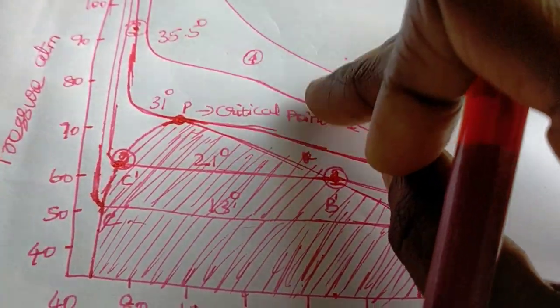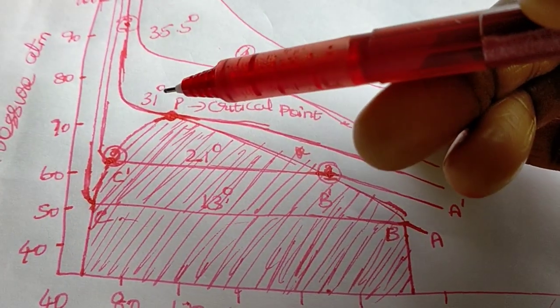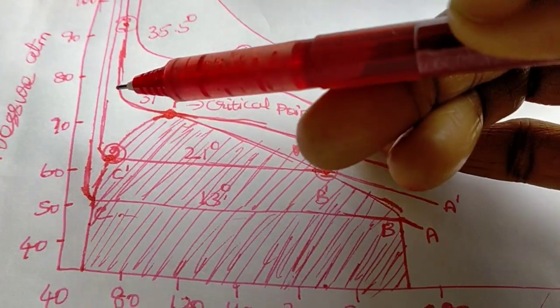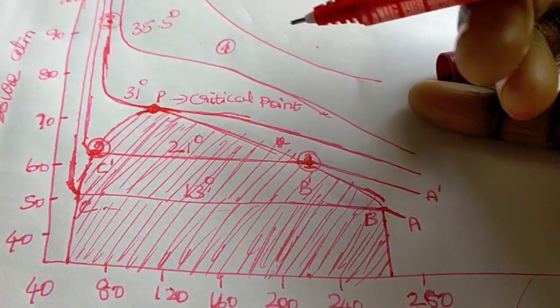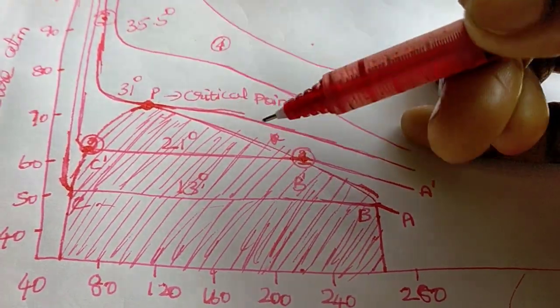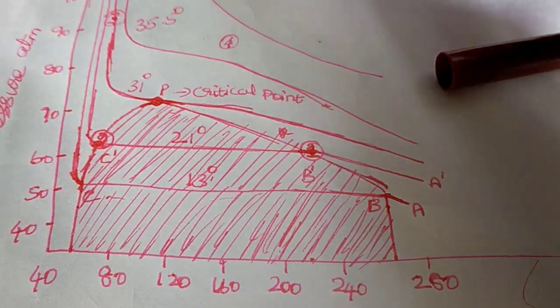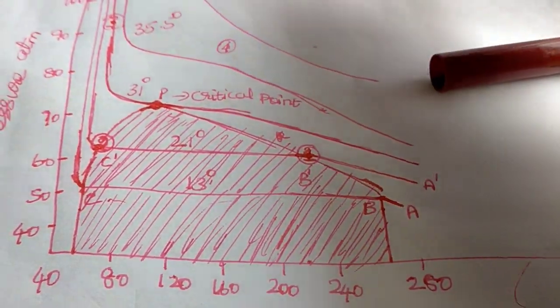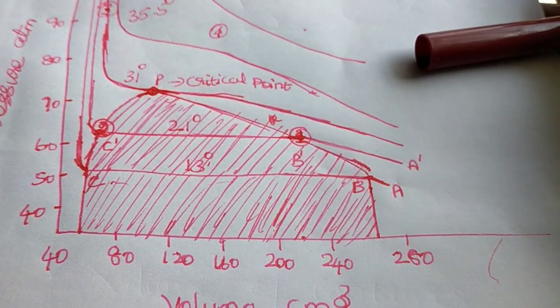But when the temperature reaches 31.1 degrees Celsius and the pressure reaches 73 atmospheres, at that critical point the carbon dioxide is completely converted into liquid form.